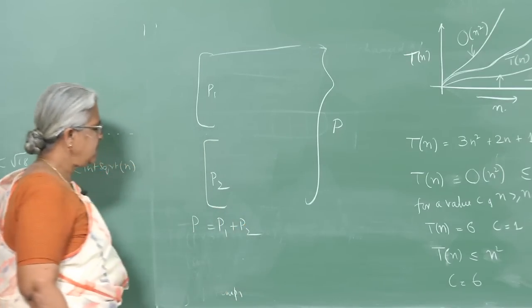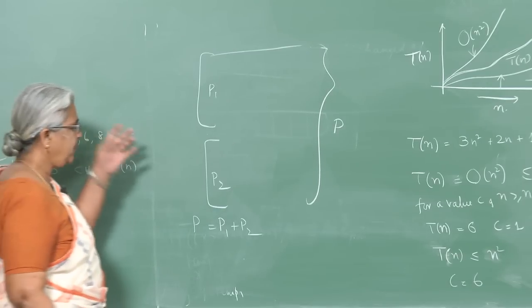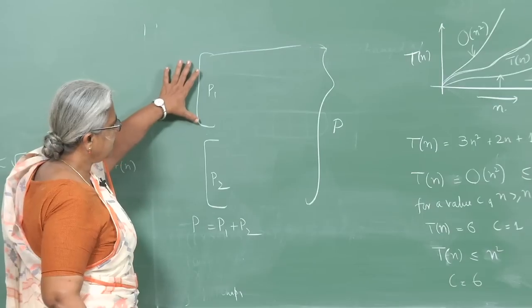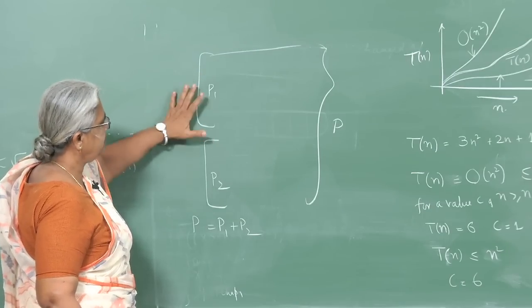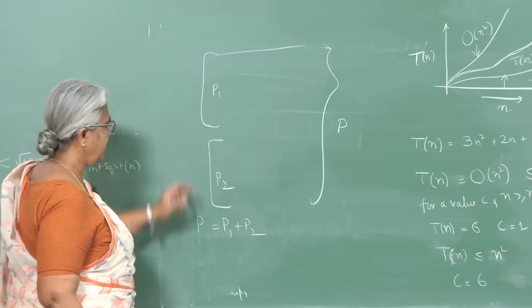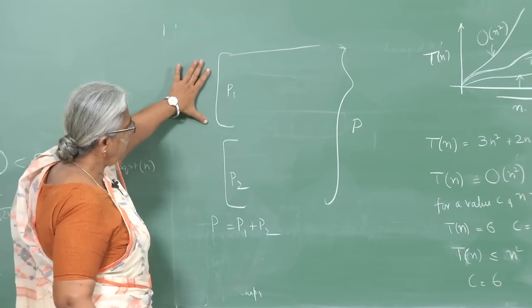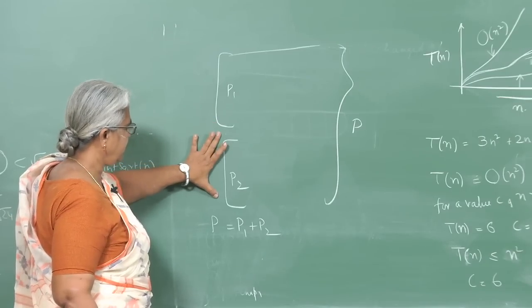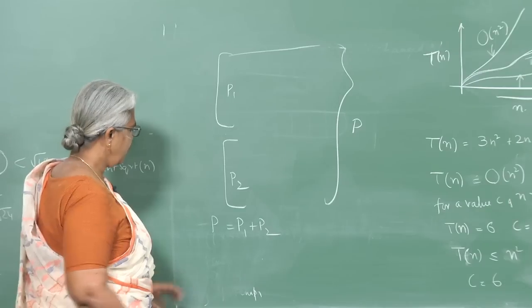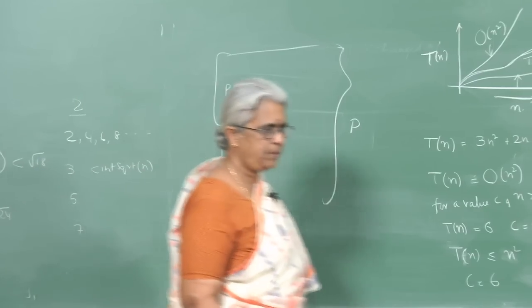Remember we saw in the recap that you can use assignment statements to make a big program, alternative statements, repetitive statements, or a combination. So, what you do is compute the time complexity of P1 separately, compute the time complexity of P2 separately, and use the sum rule to compute the time complexity of the program P.